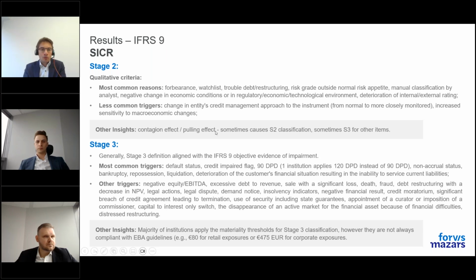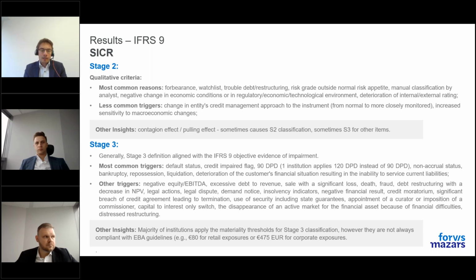So the most common reasons used by banks to determine stage 2 classification would be forbearance, entry to watch list, definition as troubled debt or restructuring, risk rate being outside of normal risk appetite, manual downgrade or classification as stage 2 by credit analyst, negative change in economic conditions or environment surrounding the exposure or the client in terms of regulatory, economic, technological changes, deterioration of internal or external rating given to the exposure.